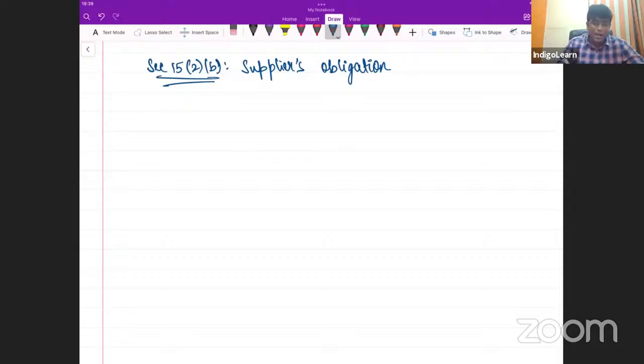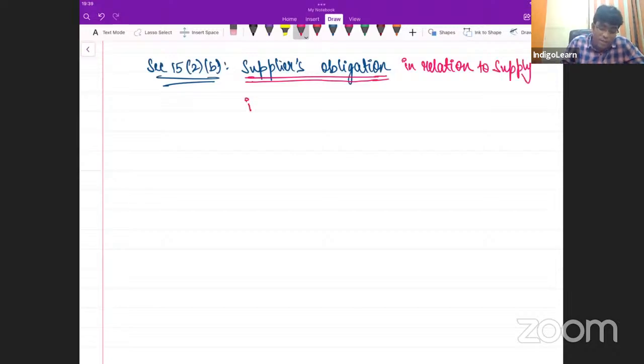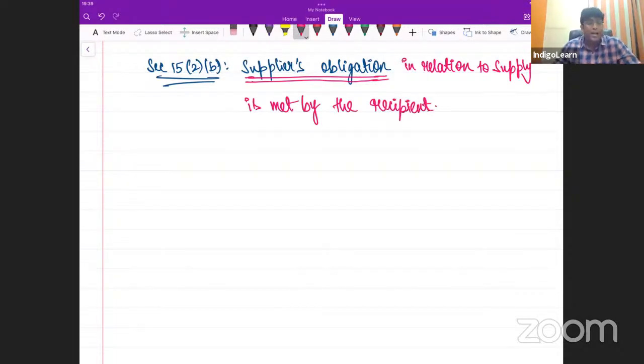Coming back, 15(2)(b), supplier's obligation. Come on, whose obligation? Supplier's obligation in relation to supply is met by the recipient. That means something the supplier was supposed to incur was incurred by the recipient.